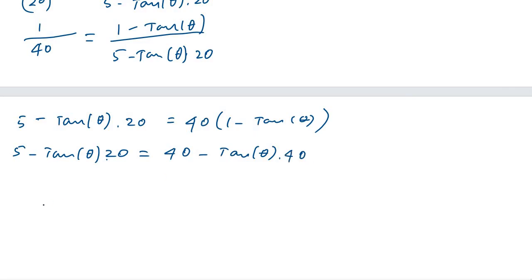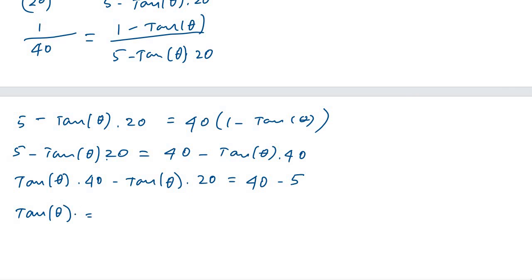On bringing like terms, meaning the tan theta term, on one side, I'll get tan theta into 40 minus tan theta into 20, which equals 40 minus 5. We'll take out tan theta as a common term, multiplied by 40 minus 20, which equals 35.